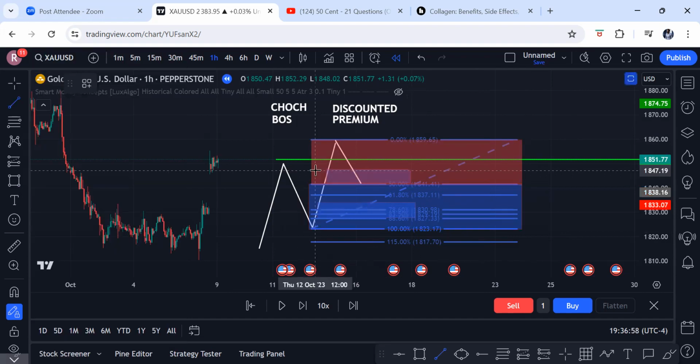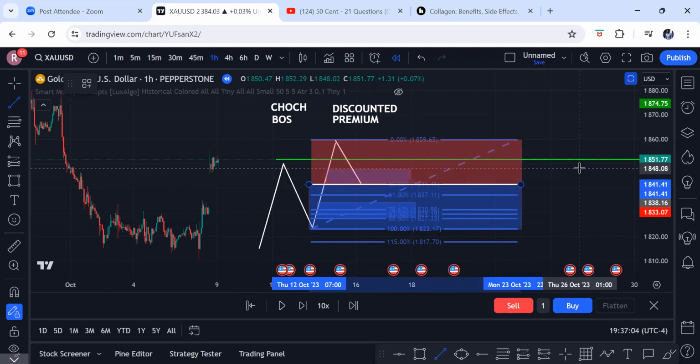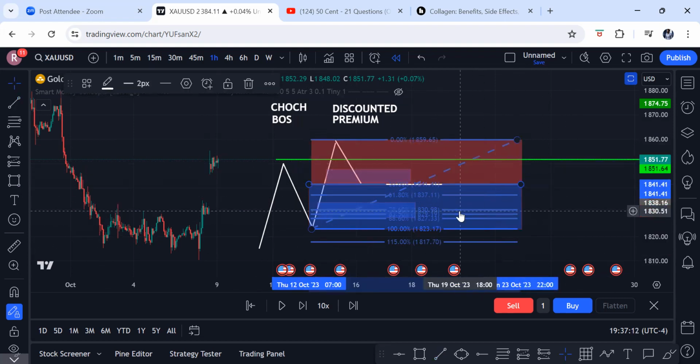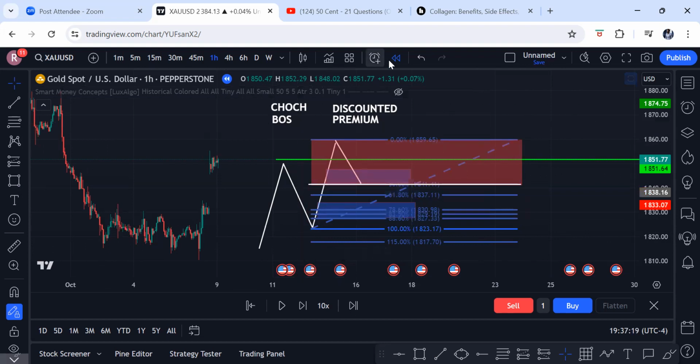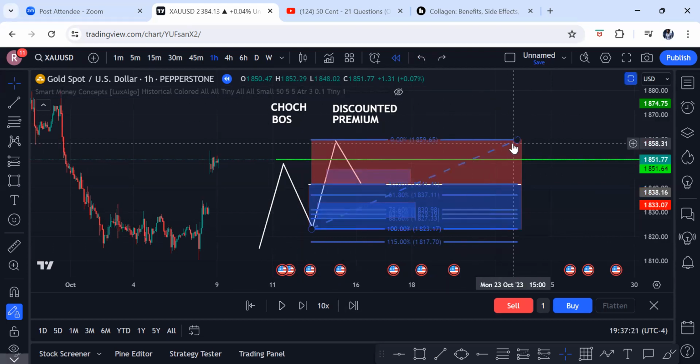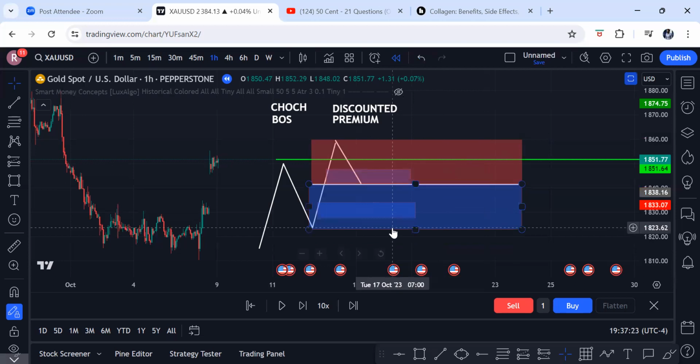I'm going to put a line just to show that. That's 50%, and we know that everything else under is discounted prices. All right, we can just remove the fib for now.